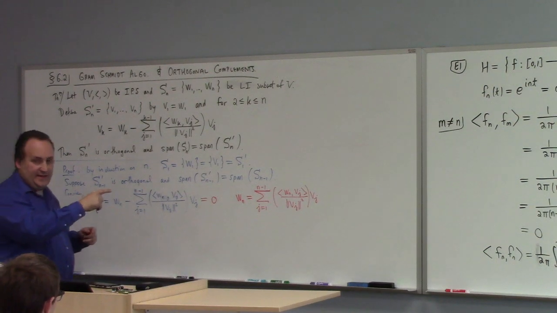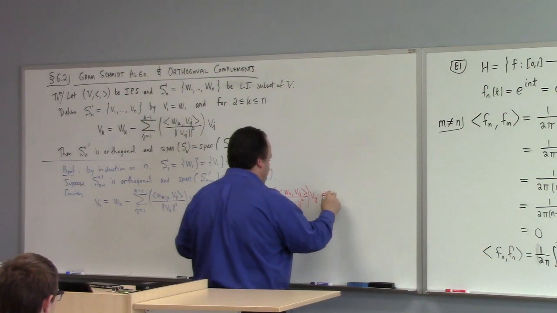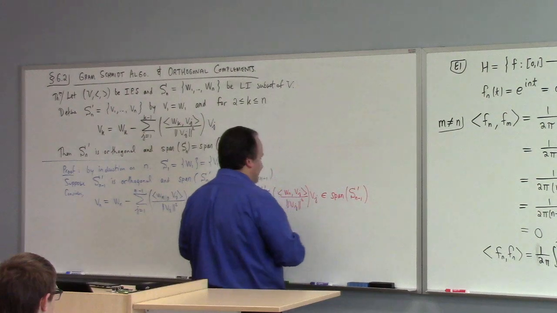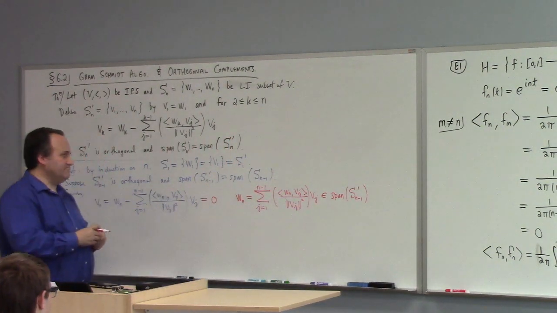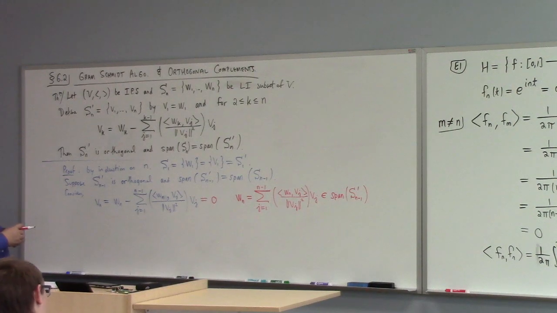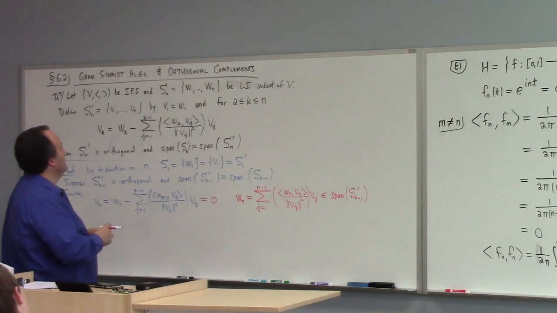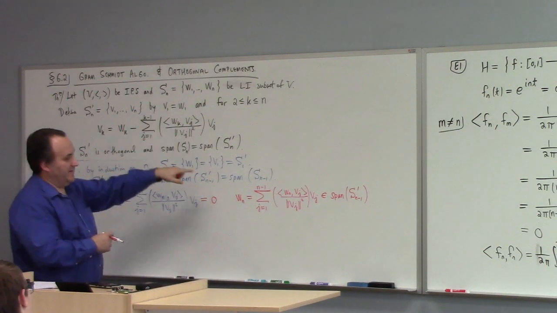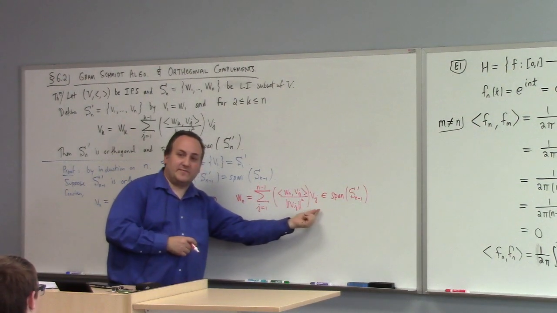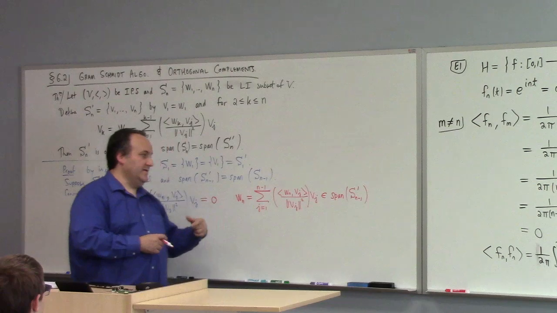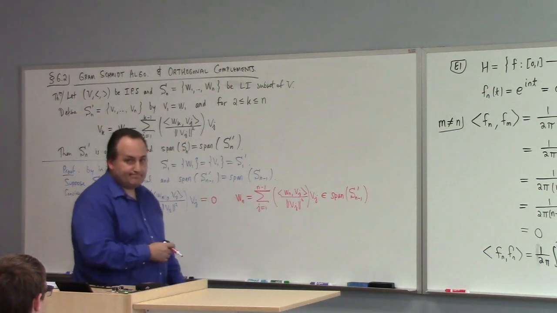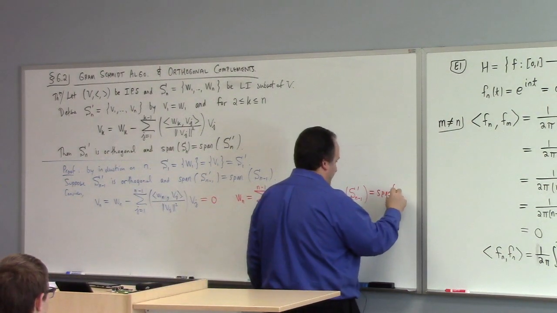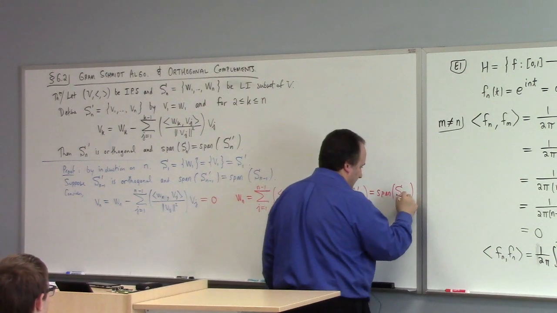That means that Wn is an element of the span of S sub n minus 1 prime, because I've built things from a linear combination of v1 through vn minus 1. But remember, by the induction hypothesis, this is equal to the span of S sub n minus 1.